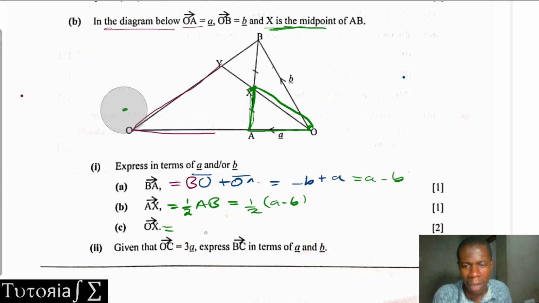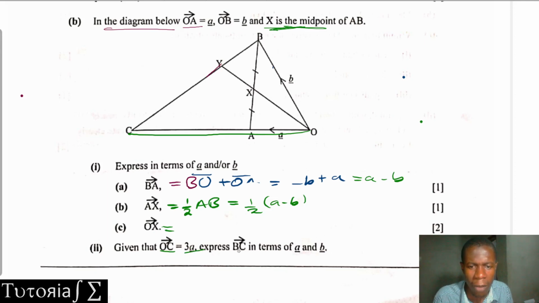Then you also finish up this one, given that OC, which is this one, is 3A. So we've been given that OC, this entire length, is 3A.